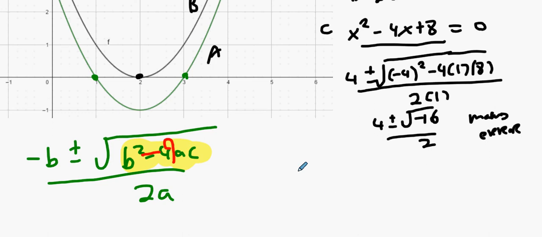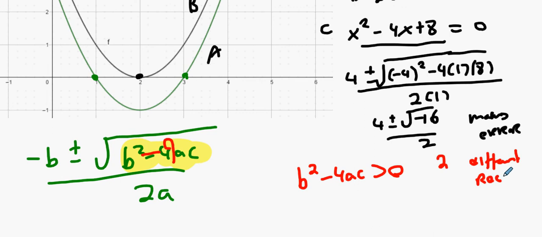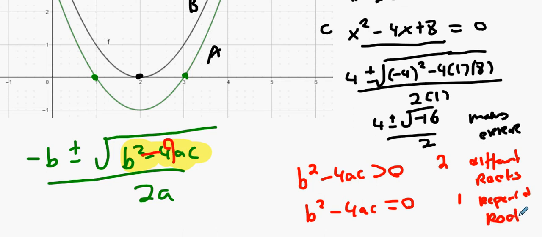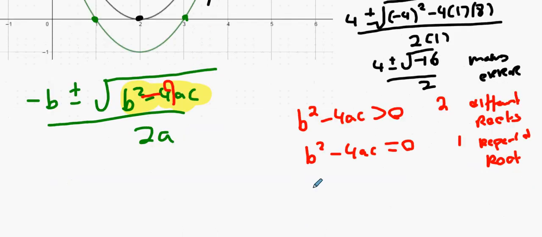So it links to this. If b squared minus 4ac is bigger than 0, you get two different roots. If b squared minus 4ac equals 0, what does that mean? One repeated root. And finally, if b squared minus 4ac is smaller than 0, what does that mean?